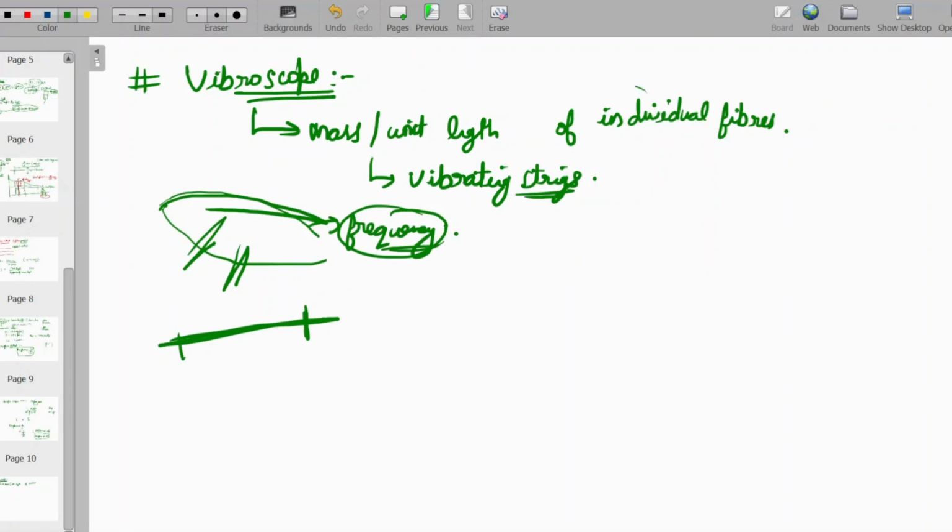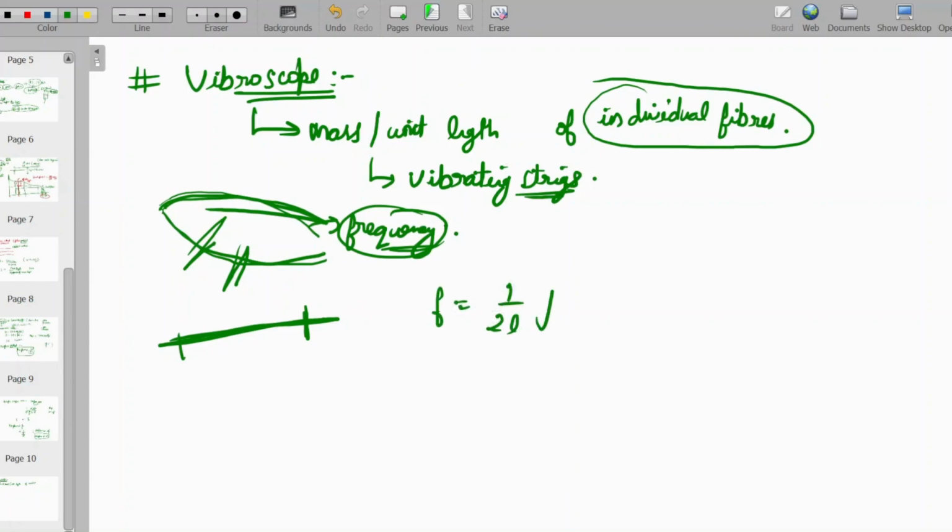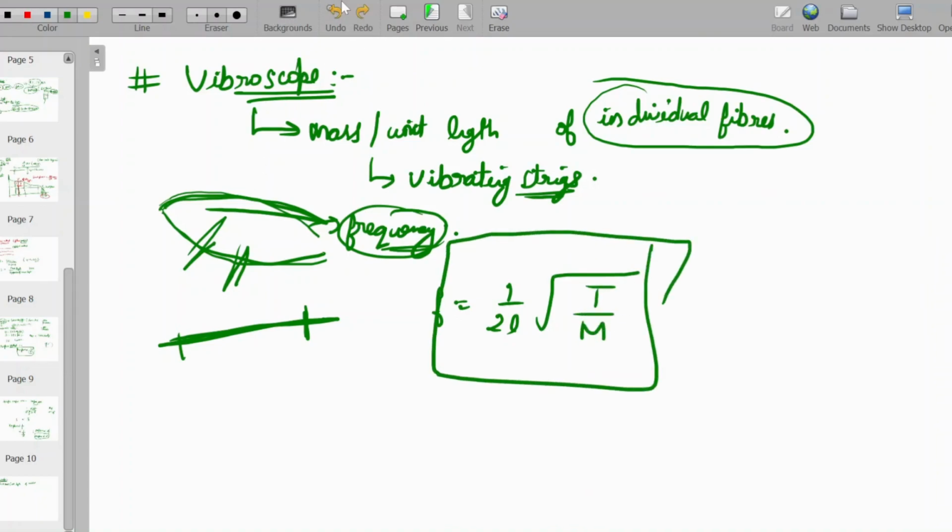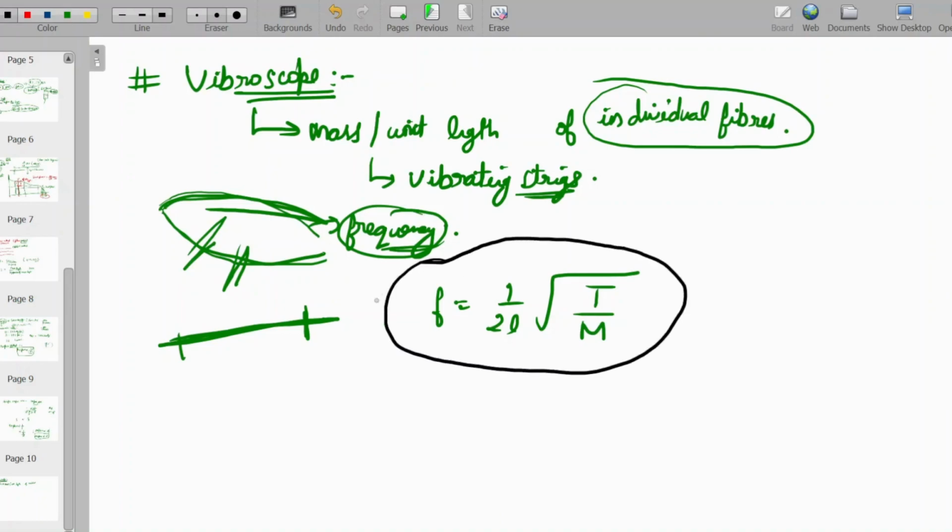The main important thing is that it measures only individual fibers. The other methods can measure a bunch of fibers also, but the vibroscope measures individual fibers, because a wave is created in the individual fiber, with frequency and tension in the individual fiber itself. One formula is important: f is equal to 1 upon 2L under root T upon m. This is the formula for frequency determination in a vibroscope.